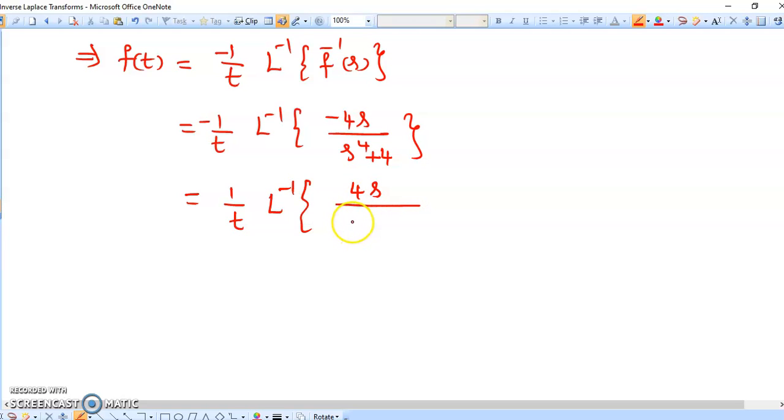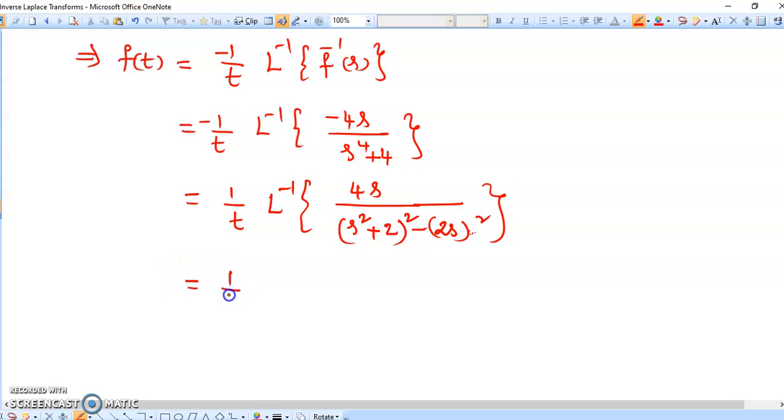How will you write this? Again you can bring this into the a plus b whole square form. So this will be s square plus 2 whole square. This will be s power 4 plus 4, and then the 2ab term is 4s square, and we can write that as minus 2s whole square. And it is something like a square minus b square, which is a plus b into a minus b.